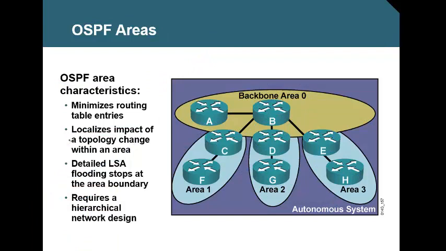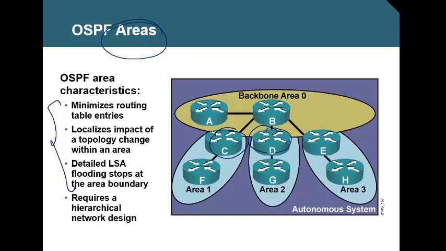For these three advantages, we need to do summarization. But to do summarization, the ABR is mandatory. To have an ABR, areas are mandatory. So this is the reason why we have areas.